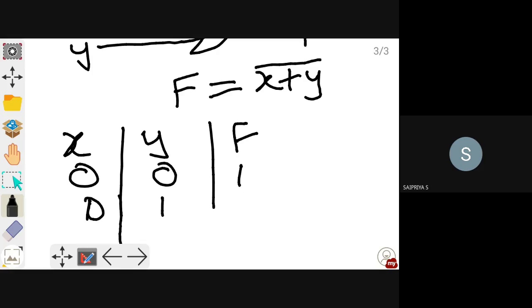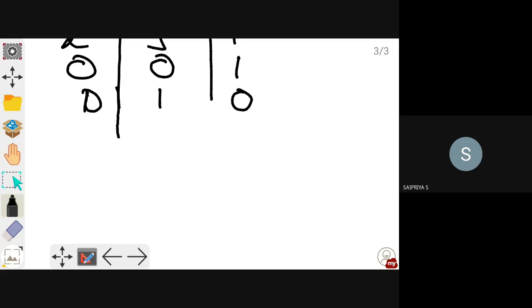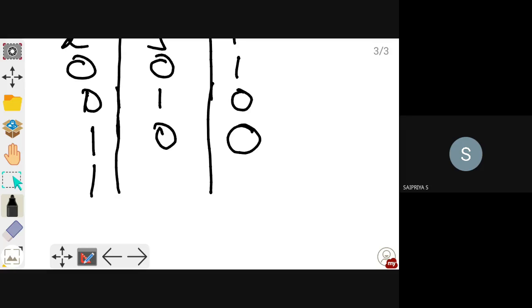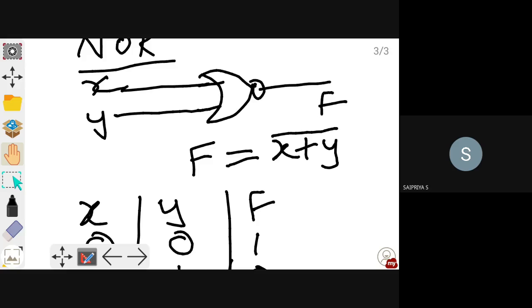So 0 plus 1 will give you 1, and invert it, you get 0. 1, 0. 1 plus 0 will give you 1, and invert it, you get 0. And 1 plus 1 will give you 1, and invert it, you will get 0. So this is the truth table of the NOR gate. So the NOR gate is X plus Y the whole bar. So you have to perform the OR operation and then invert it.